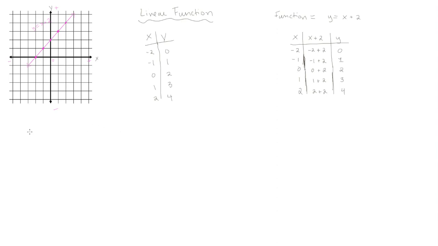Let's say we had, let me change colors here. Let's say our second function was y is equal to, let's say, x minus 1, right? And we can again draw our table.